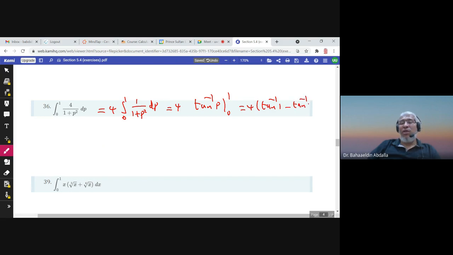Okay, tan inverse 0 is 0. So the answer is 4 tan inverse 1. And if you want, you can find tan inverse 1 using the calculator, and the answer would be pi over 4. Okay, so 4 times pi over 4, so the answer is pi.